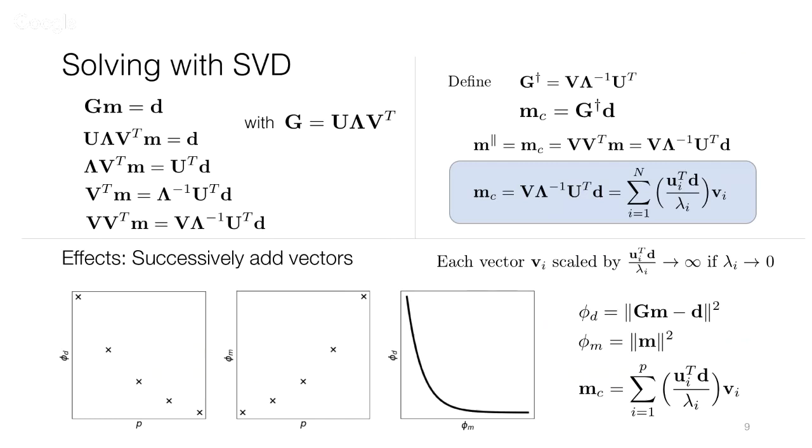But the best that I can do is do a V times V transpose. So now I multiply by the matrix V, and I get something that looks like this. So what we've done here is we managed not to actually get m, but we got V times V transpose m.